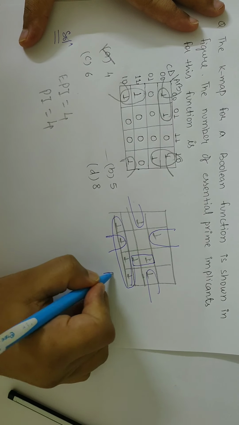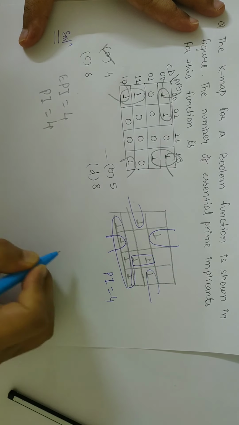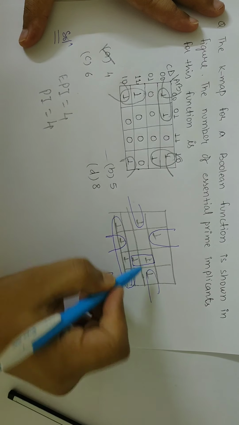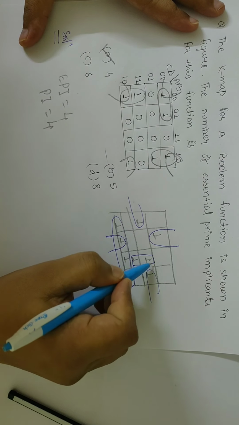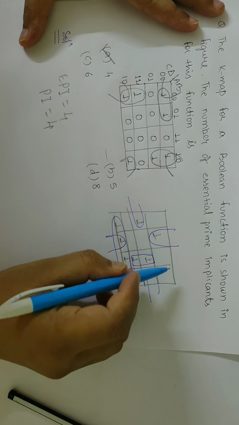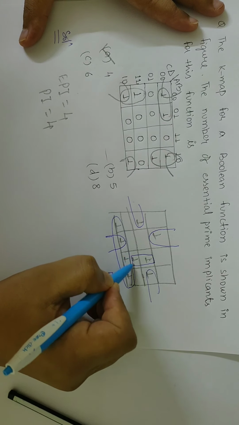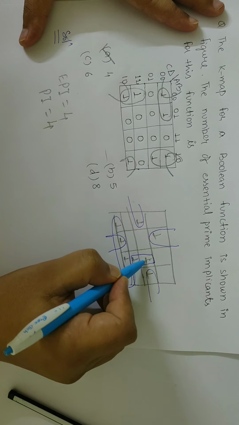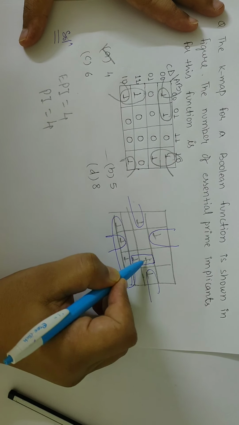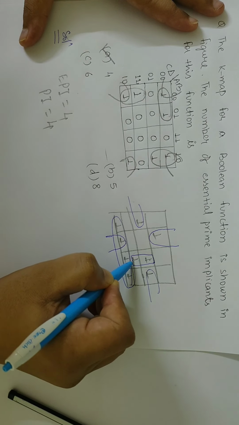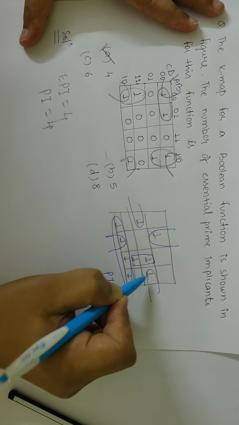So here prime implicants are 4. Now see, all the remaining groupings are essential primes, but this grouping is not an essential prime because this one has one other option. It can make a grouping with this also.